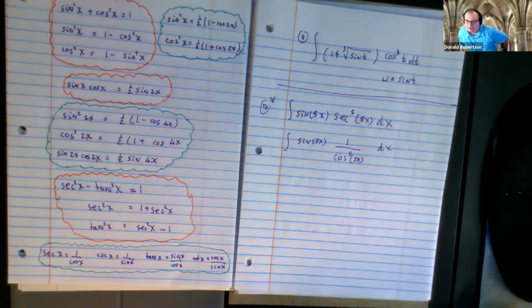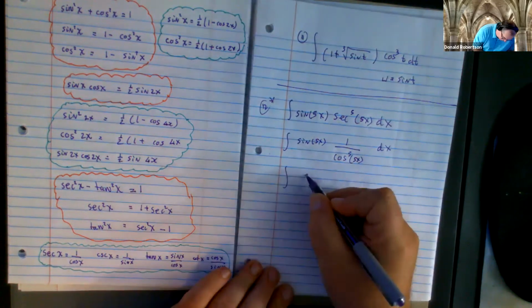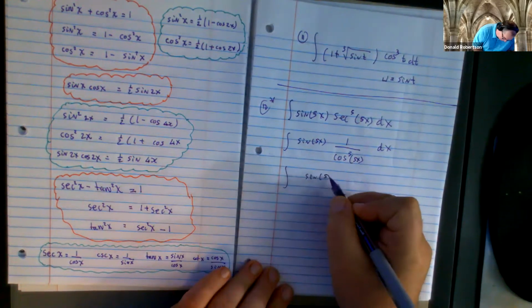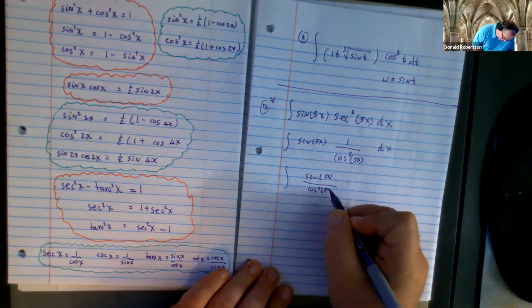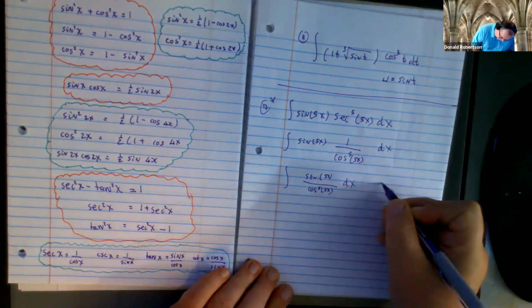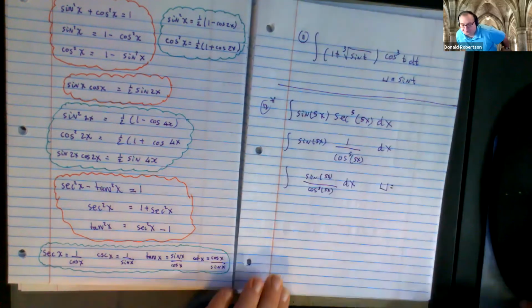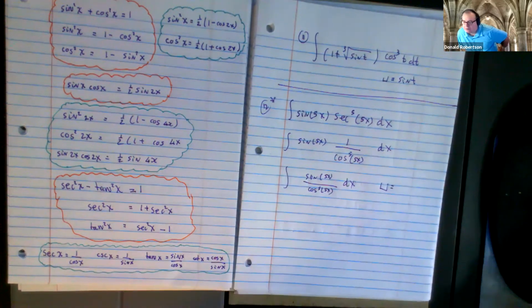Now that I've written it in this form, and I don't know if this helps, I'll write it in this form as well. Can you see the U sub that I should use? And it's still going to be a single sine or a single cosine, in this case of 5x.